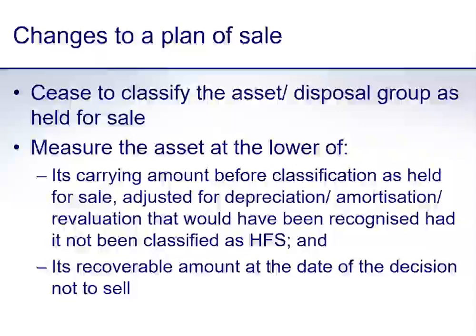But remember, we're looking at the lower of the two numbers. So whichever way, there will be a hit going through your books. If recoverable amount happens to be a much higher number, well, your carrying value would certainly not have been, because you would have been depreciating or amortizing the asset as you were going along anyhow. So therefore, that expense must still be taken through the books.